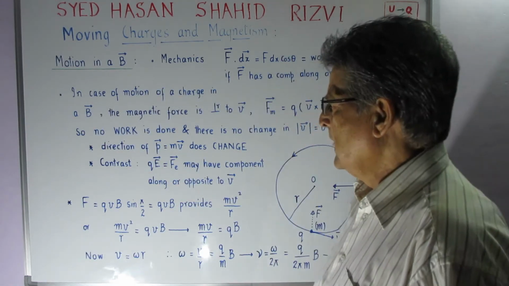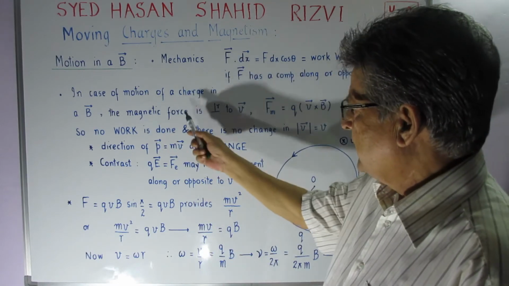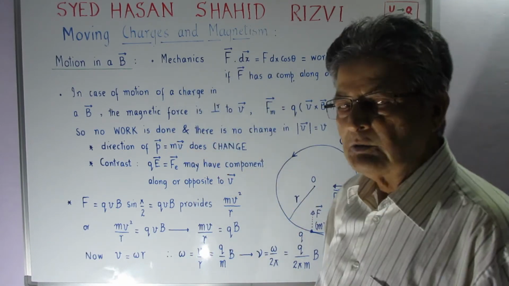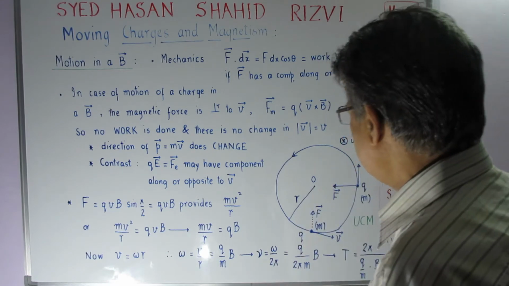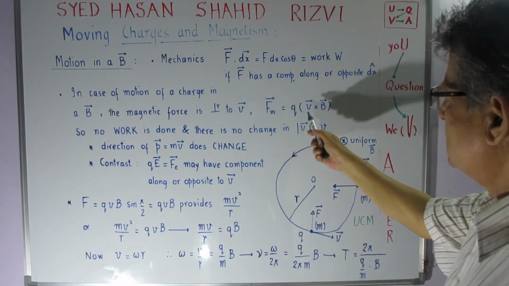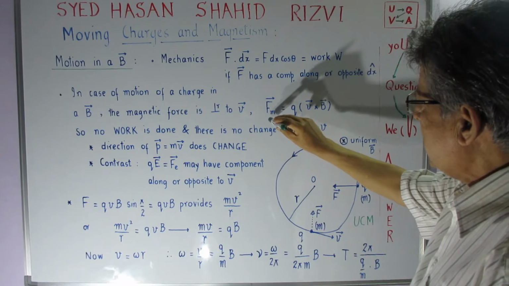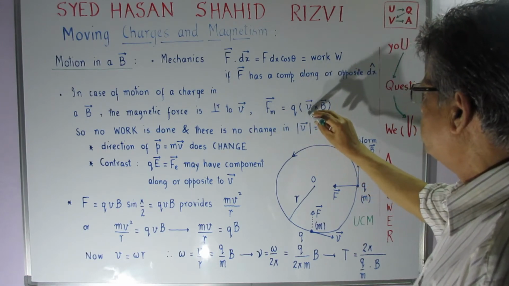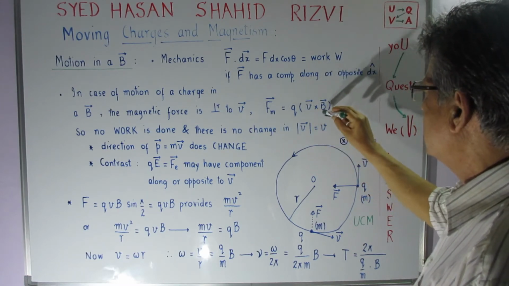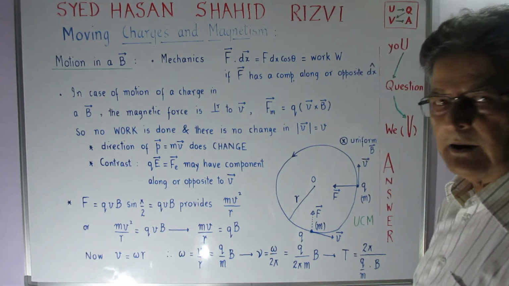We find that the magnetic force is perpendicular to the velocity vector. Why? Because Fm is equal to qv cross B. So this Fm is perpendicular to both B and v, it has to be.